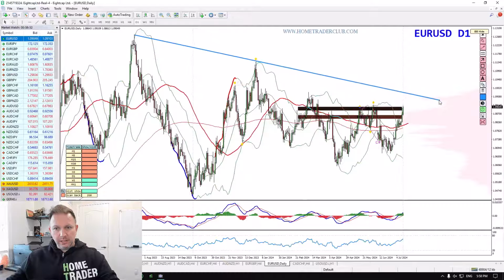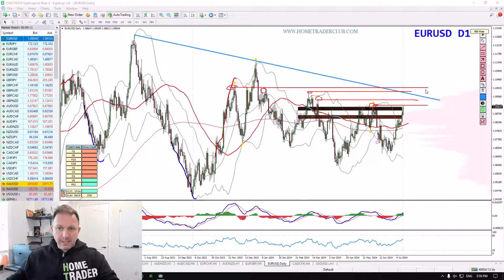It's right here, right? That's a very strong zone as it is the previous daily peaks area. As you can see, all these trio, 1, 2, 3 important peaks, including these peaks here. It's a massive area where I believe the euro dollar is going to have some hard time.